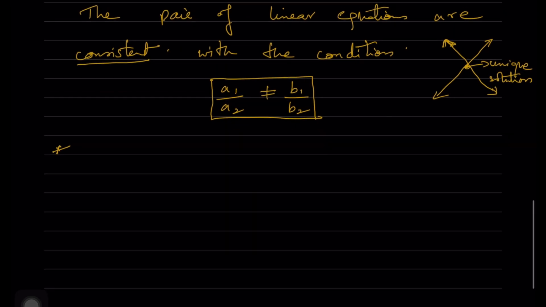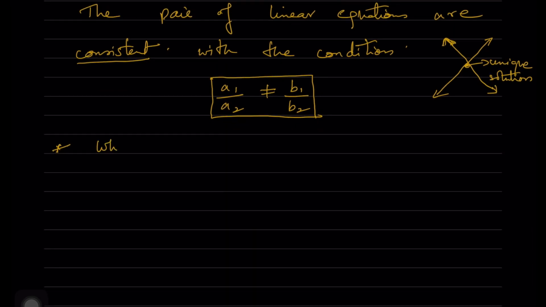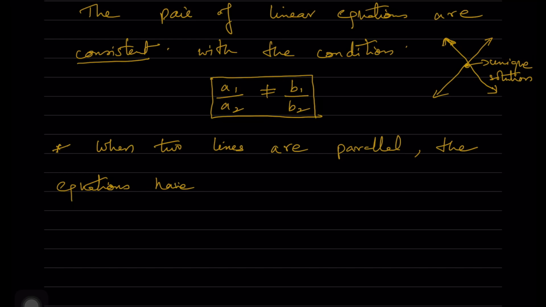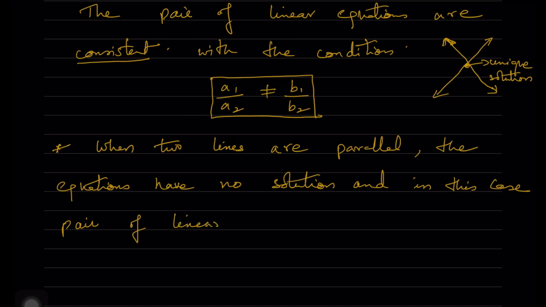So next we have when the two lines are parallel, the equations have no solution, and in this case the pair of linear equations are inconsistent.